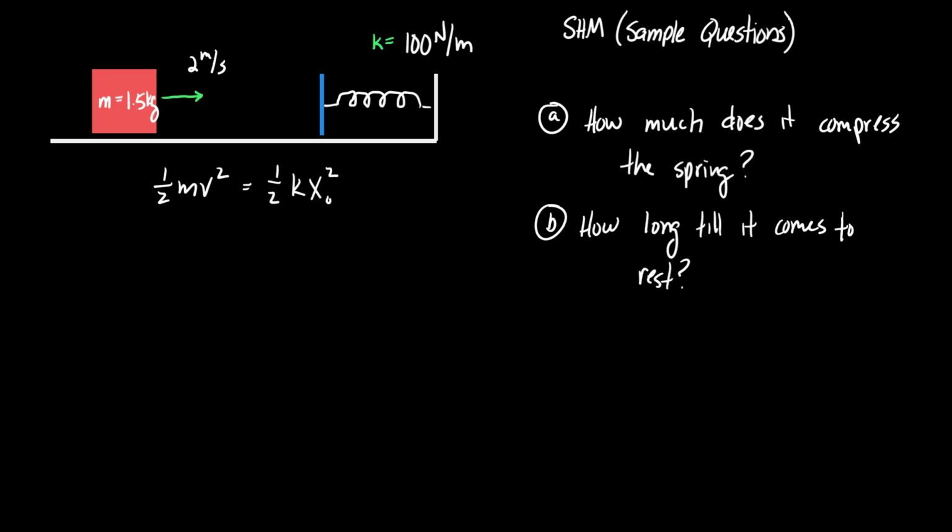kx naught squared, because it's going to be the maximum displacement. And we're looking for x naught. So I'll cancel the 1/2, divide by k, and then take the square root.